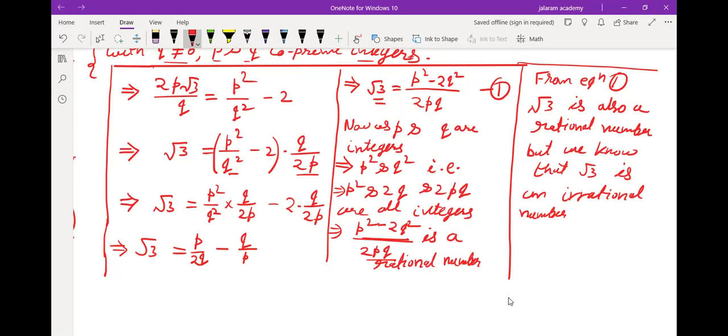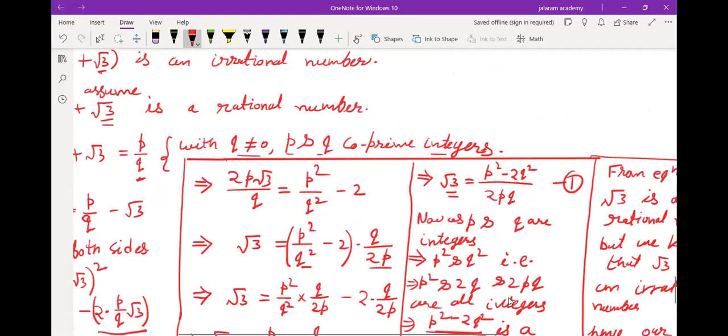We know that root 3 is an irrational number, hence our assumption is wrong.